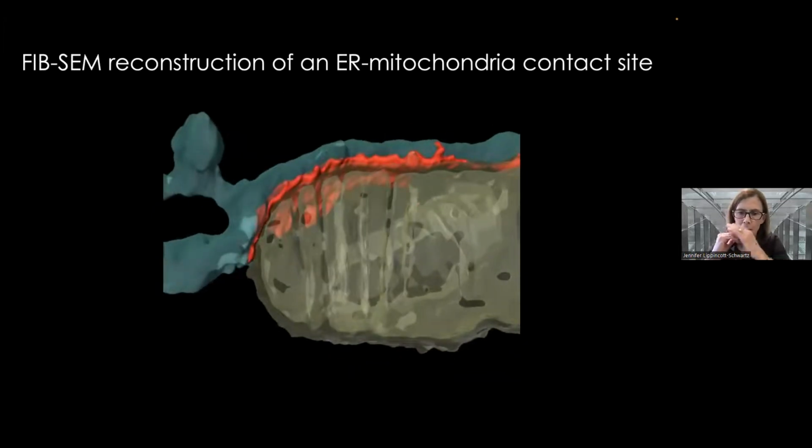What I think you can see is that where the ER and mitochondria are contacting, it's a flat interface. But this is a static image, and we don't have any protein specificity associated with it. So we don't know what proteins are localized here, what those proteins are doing, and how their tethering proteins are actually stabilizing this.